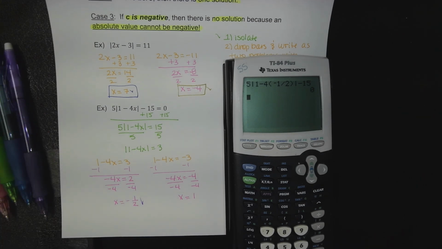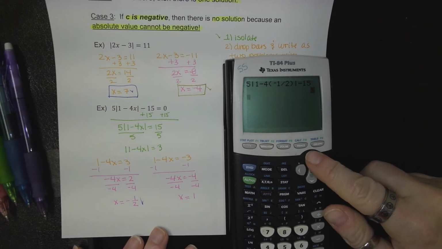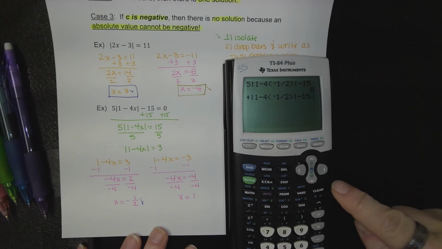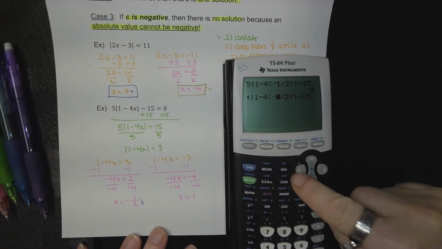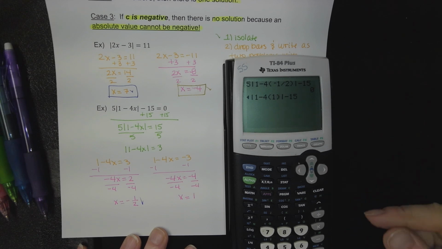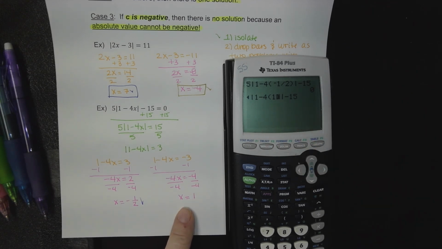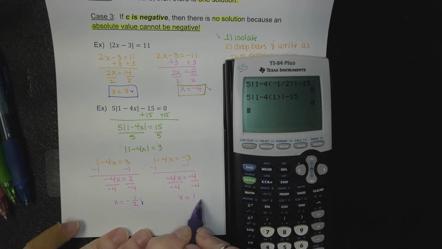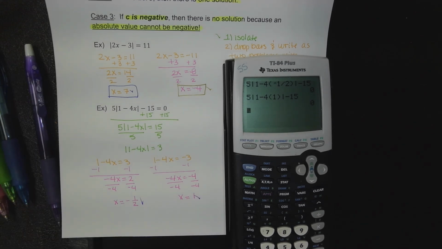So we know that was good, so we could just put our little tick beside it, and we're good, okay? Then we can do the same thing. We could go back up here and grab this, and then go over here. We'd have to delete a couple of these, and then just put in 1. So that's our value, and then it's 0 again, so we know that this one is also good. That is so much faster than checking it by hand. But I want you guys to be able to do it both ways, so that's why I'm showing you some by hand, some on the calculator.